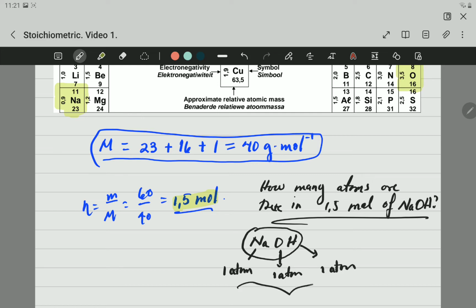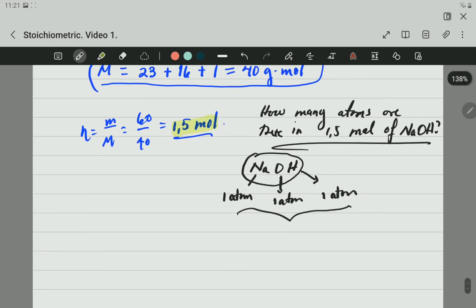In total, here we have 3 atoms. So in every unit of sodium hydroxide, you will have 3 atoms. All you have to do is to multiply by 3. So how many atoms are there in 1,5 mole of sodium hydroxide?